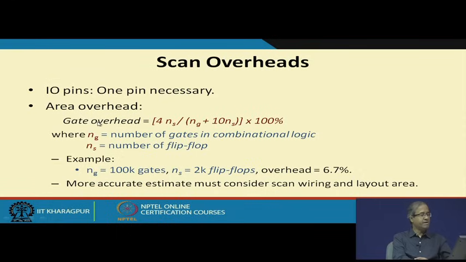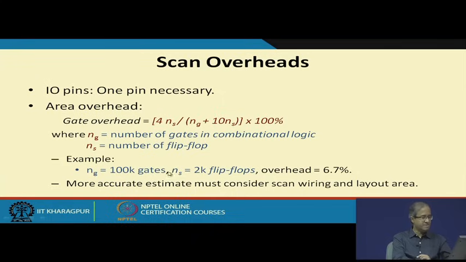Gate overhead: NG is the total number of gates in the combinational logic, and NS is the number of flip flops. Originally there were 10 gates in every flip flop. Now, after we added the multiplexer, there are 4 additional gates. So, 4 NS divided by this will be the percentage gate overhead.